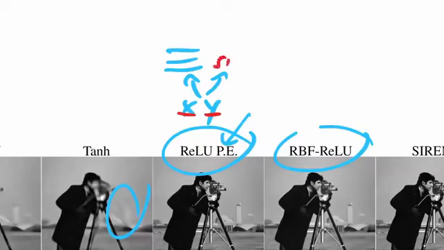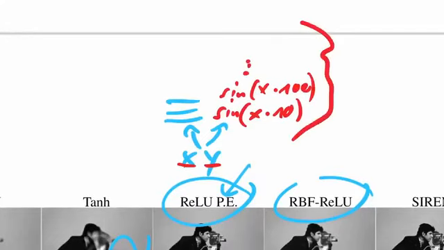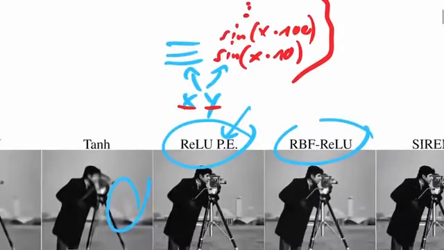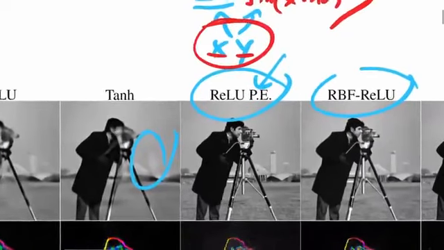So you're going to have the sine of X times 10, and then the sine of X times 100, and so on. You do the same for Y, and that ends you up with more features that the function can then use to represent positions way better than just given the X and Y coordinates.